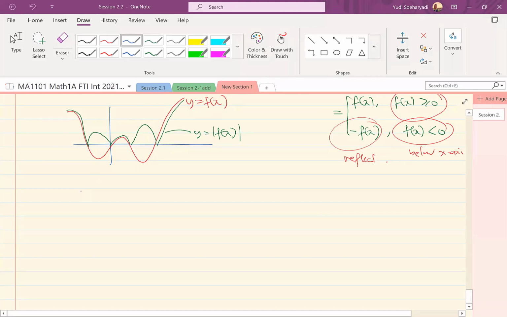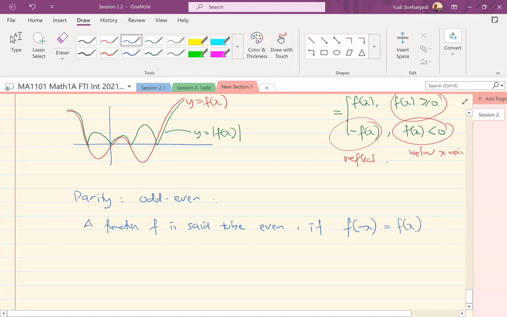This is parity. What is parity? Parity is about odd or even. A function f is said to be even if f of negative x equals this one, f of x.